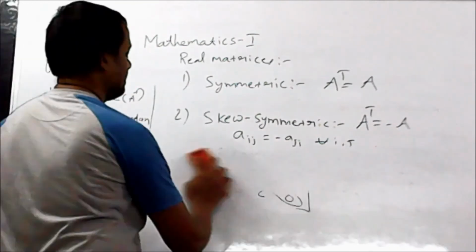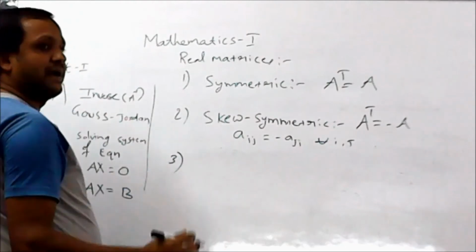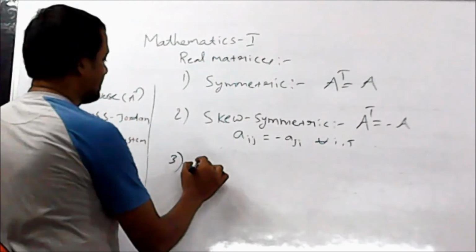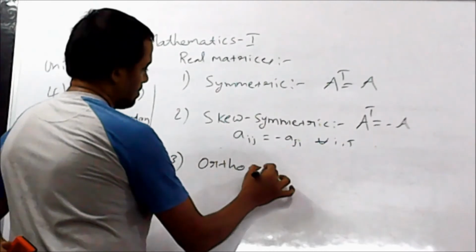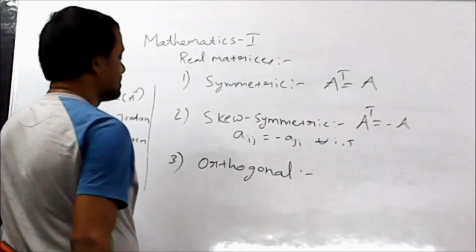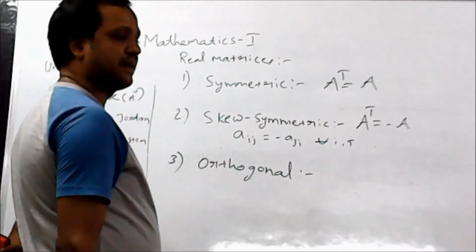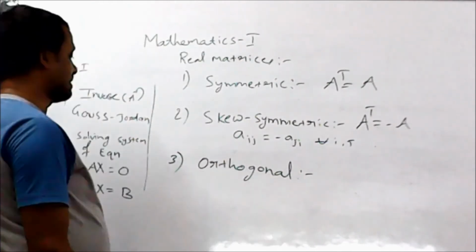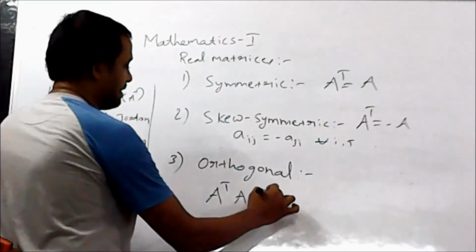So finally, the third one, orthogonal matrix. What is an orthogonal matrix? We are talking about square matrices only. A square matrix of order n cross n is said to be orthogonal if it satisfies A transpose into A is equal to the identity matrix.